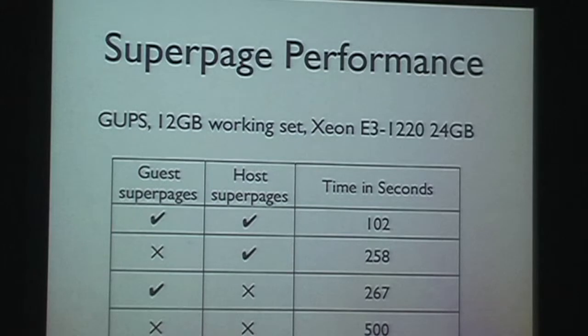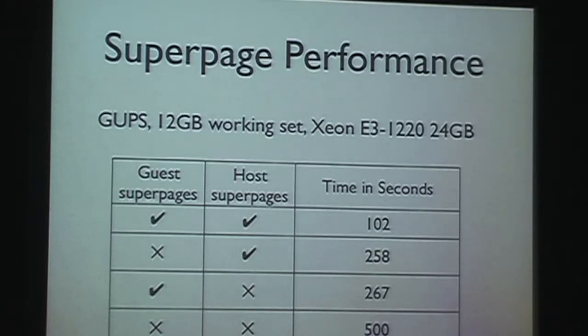We ran this test on a fairly low-end Haswell CPU. We gave the guest 24 gig, and the system had 32 gig of RAM. With a 12 gig working set, you basically just run this and it'll finish at some point in the future. The combinations were that we enabled super pages in both the guest and the host.